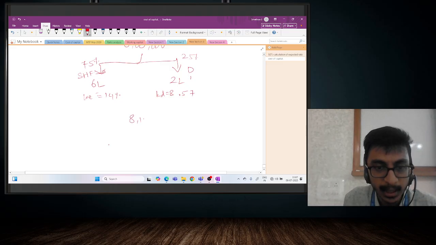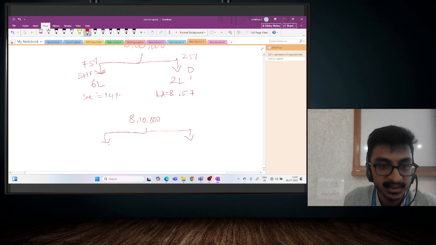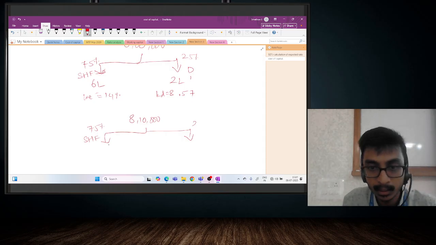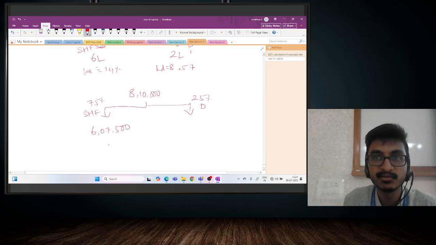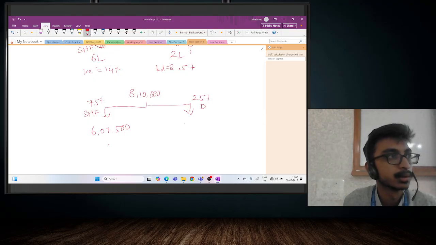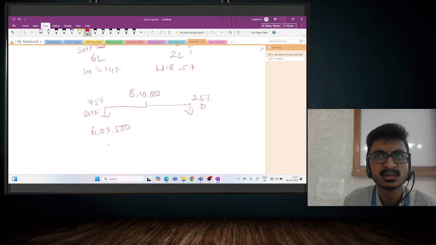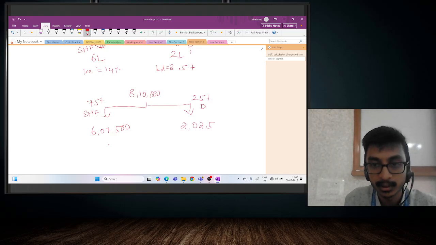Now let me take a figure that is greater than 8 lakh. Let's take 8 lakh 10,000. What is the shareholders fund in this case? And bond amount. Here it is 6 lakh 7,500 and 2 lakh 2,500.